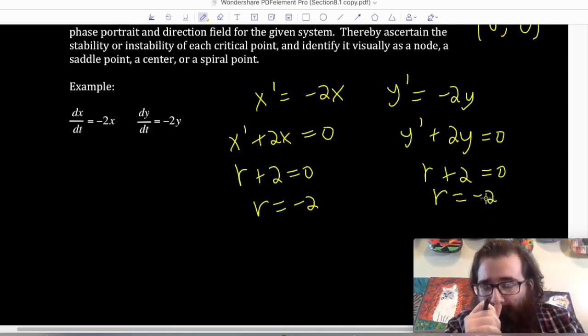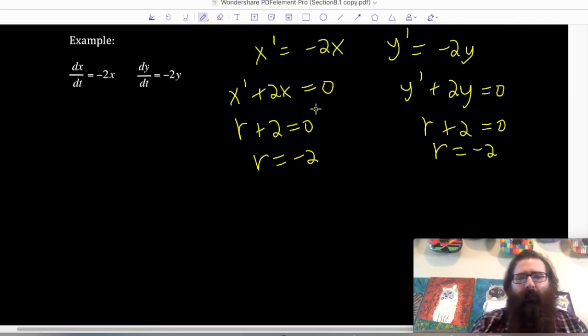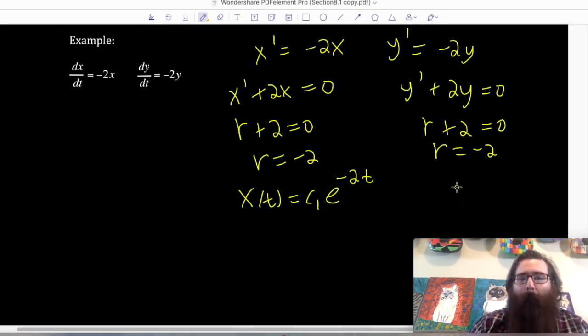Now this isn't even something we would have to do. Like I said, I think you could solve these by inspection even. But building our solutions, we would see that our solution on x gives us that x, a function of t, is equal to some constant c sub 1 times e to the power of negative 2t.